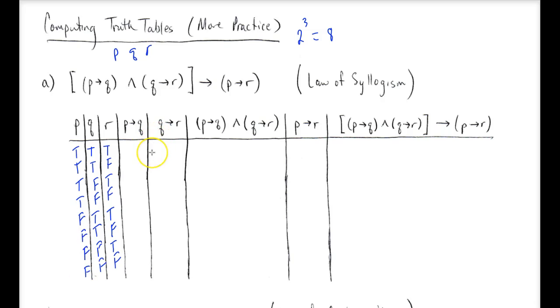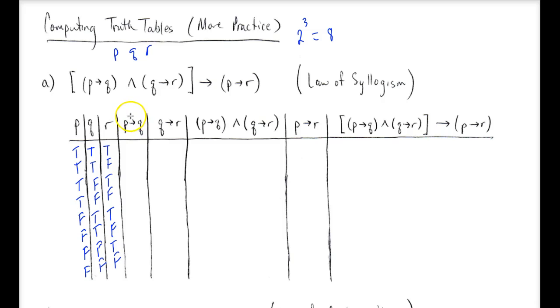Okay? And so now from there, what we're going to do is just form our next column here, which is the conditional statement. Of course, we're going to read it as if P then Q. So we know that if P then Q, or the conditional statement, is true for every situation unless P is true and Q is false.